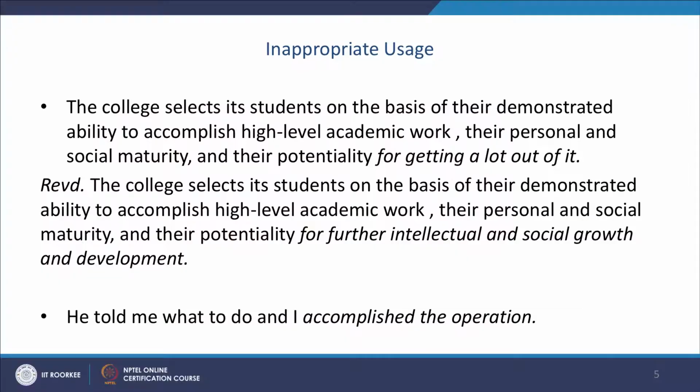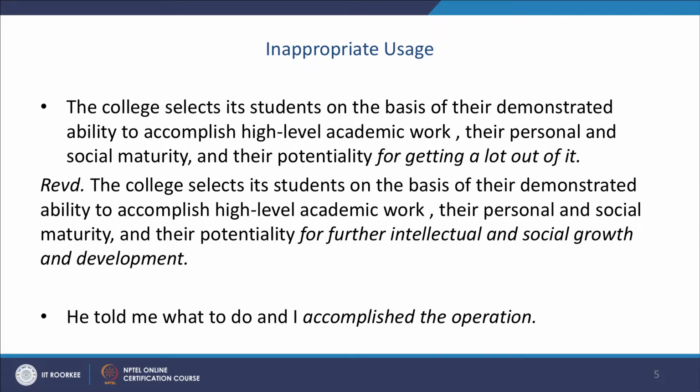You will also come across several sentences where, because we have been saying make a specific use of words, make use of words that are familiar, it is not going to be applicable every now and then. We can have a look at this sentence where it says: the college selects its students on the basis of their demonstrated ability to accomplish high level academic work, their personal social maturity and potentiality for getting a lot out of it.